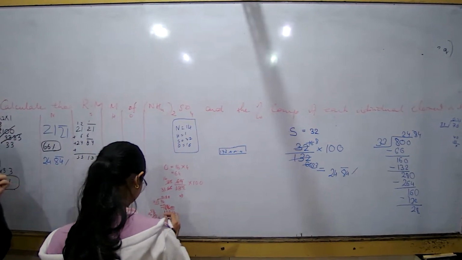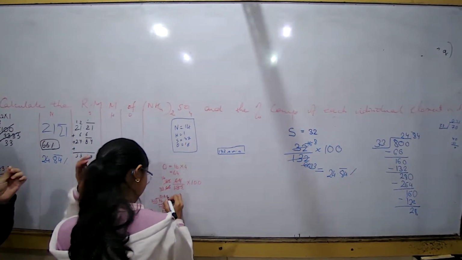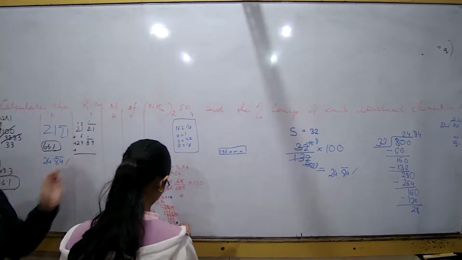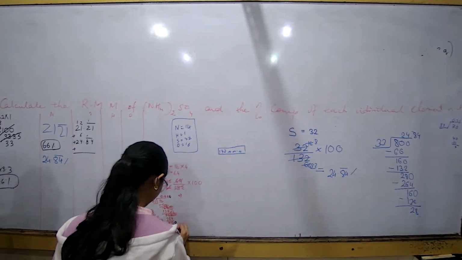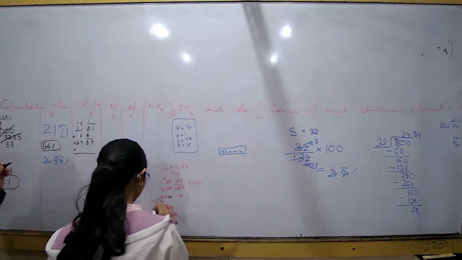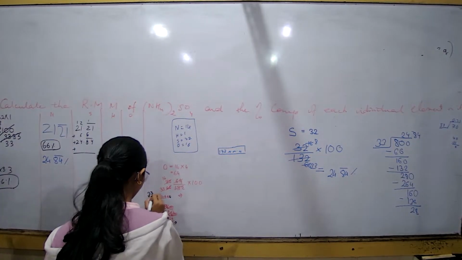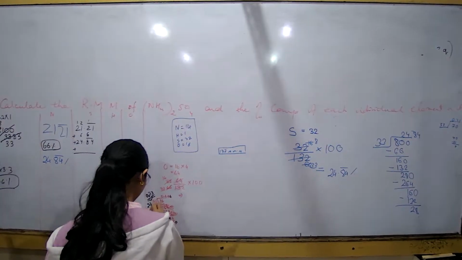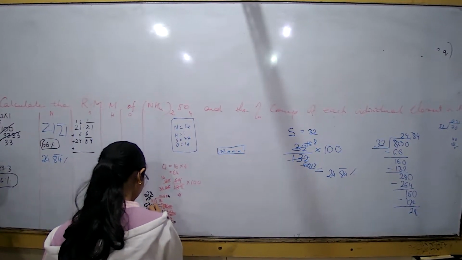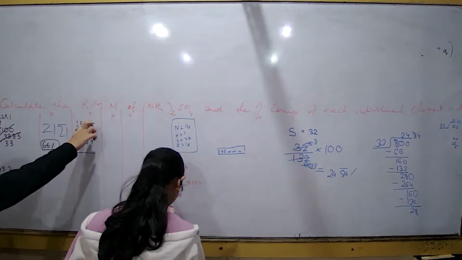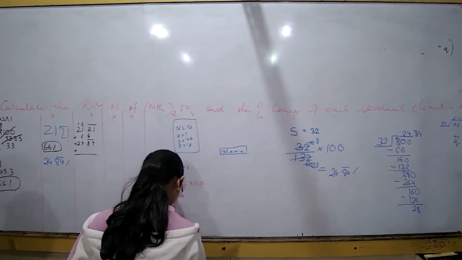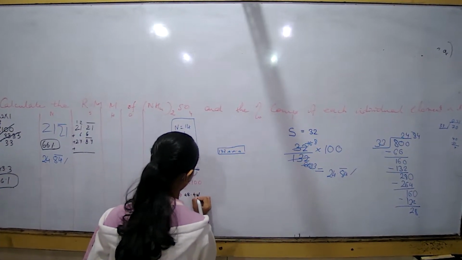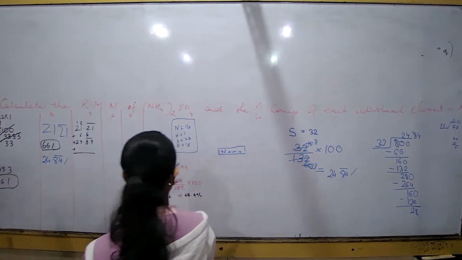Right? 6.06. Okay, let's see. You know that phosphate is about... Aluminium is what?